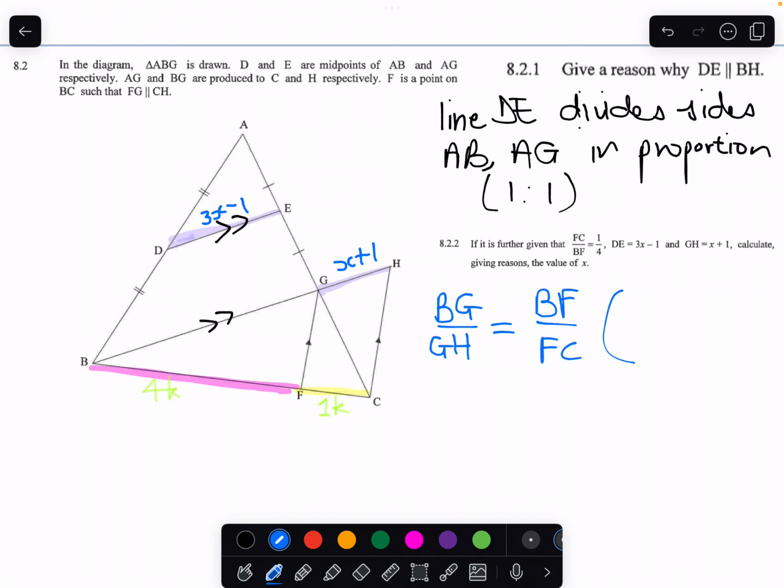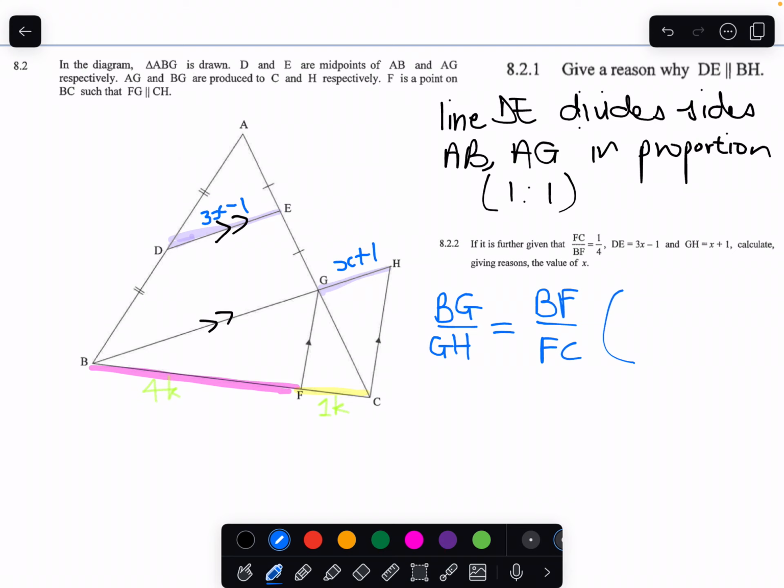and that is because, oh, what's the reason? I forgot it again. Line parallel to one side of a triangle.